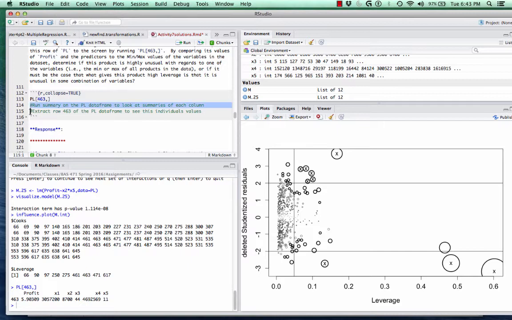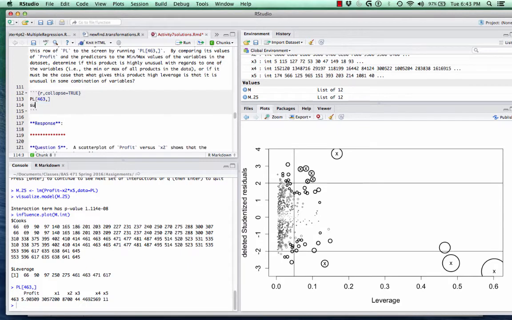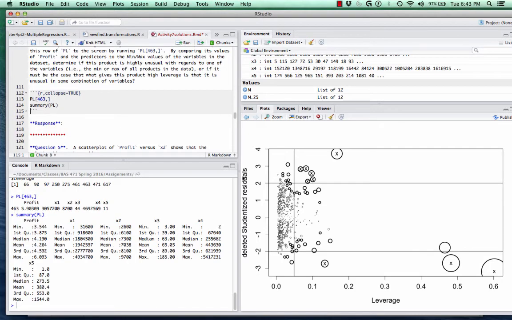And let's run a summary on the data frame to see what the distribution of values is for each of those predictors, just to see if we can spot something that makes this point unusual. Now, we know that influential points can hide in terms of just individual values for the predictors. They could have standard values for those predictors, but just be weird in some combination. So scanning through the list, we see that its profit is on the high side, but it's not the highest.